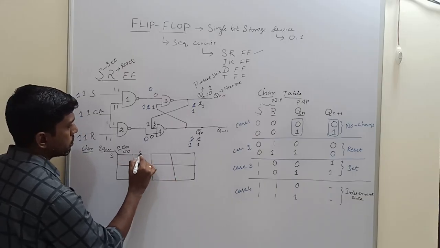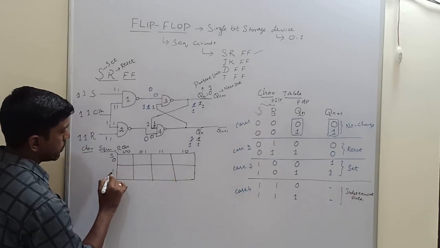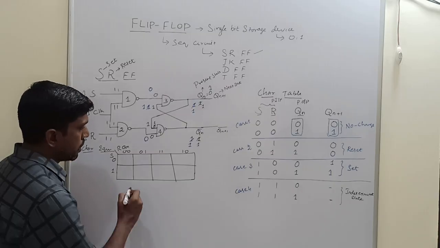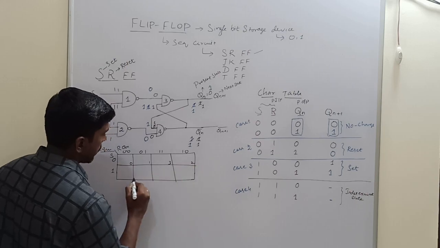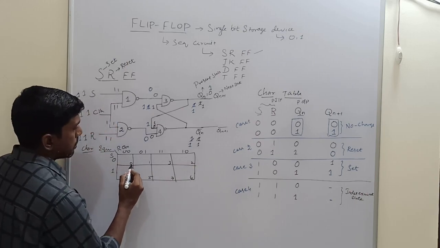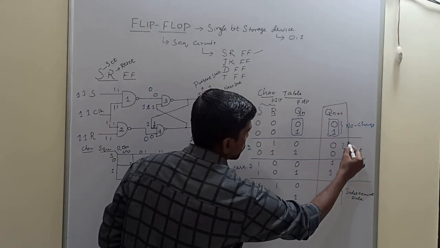So 0, 0, 0, 1, 1, 1, 1, 0. S is 0 and S is 1. So assign the internal cell numbers 0, 1, 3, 2, 4, 5, 7, 6. Then this K-map is for Qn plus 1.